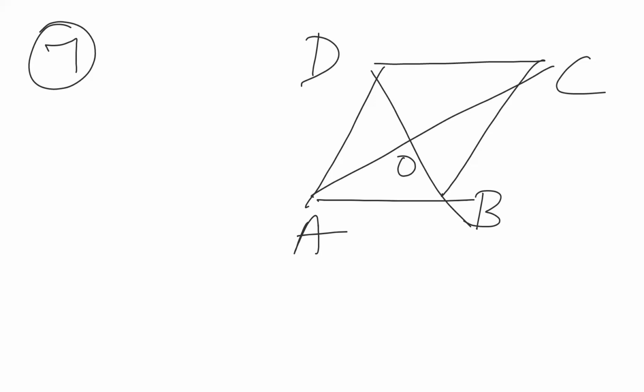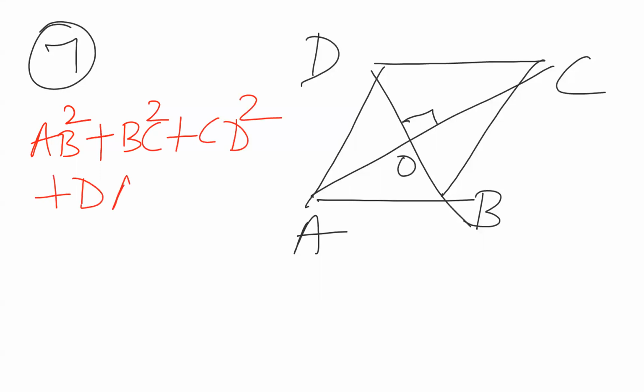You know the property of a rhombus? The diagonals of a rhombus intersect at 90 degrees. So this one is 90 degrees. Fine. So what you have to prove? You have to prove the sum of squares of the sides of a rhombus, means AB square plus BC square plus CD square plus DA square is equal to the sum of squares of its diagonals. Diagonals are AC and BD.